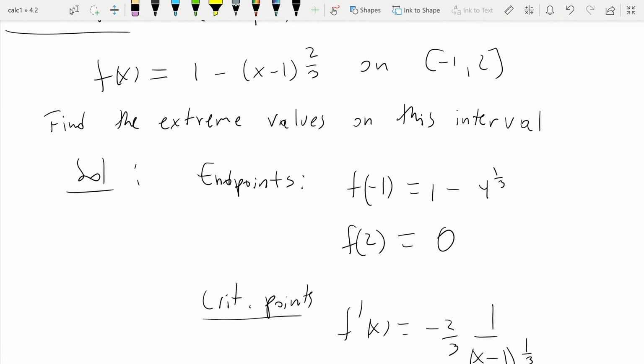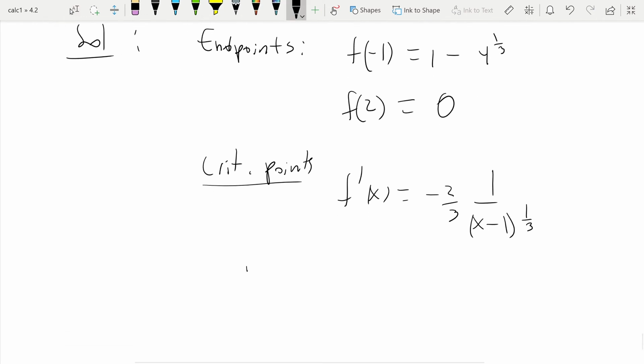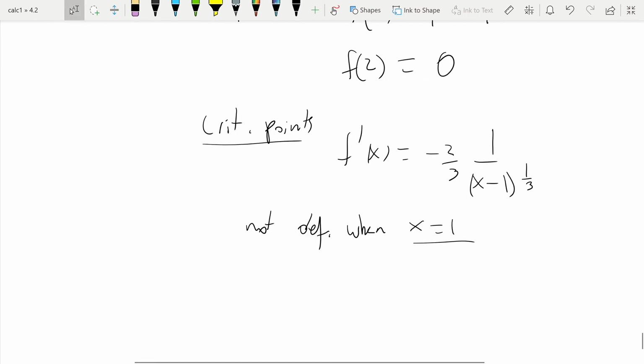Okay, so there's a problem here. This is not defined when x is equal to 1. In fact, it's not only that this expression is not defined, because that would only show that the derivative is not continuous. It could be that it was defined, but in fact it isn't.